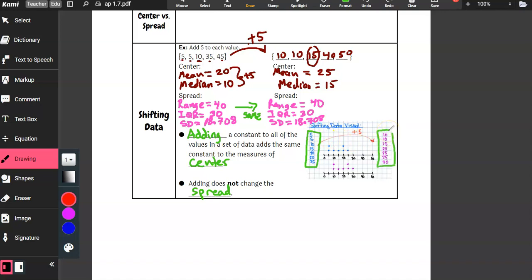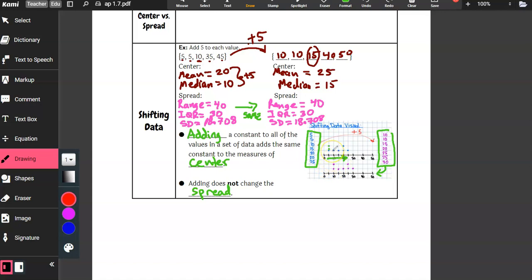Here's the set when you add a 5 to everything. And here you can see that you still have the same amount of dots with the same pattern, but the pattern was just shifted to the right, 5 units to the right. But it kept the same shape, it kept the same spread. The only thing that changed was the mean and the median.